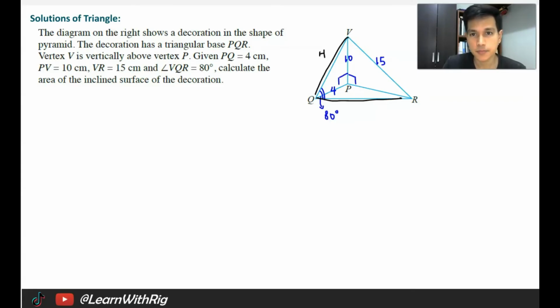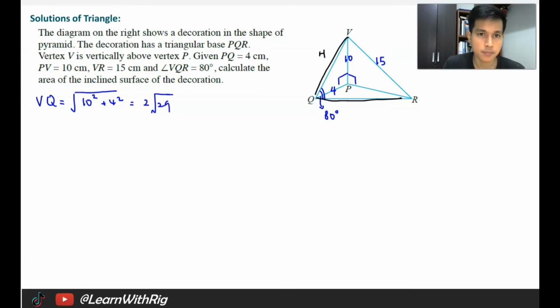So in this case, let's first find the hypotenuse. So VQ equals to square root of 10 square plus 4 square. Answer should be 2 root 29.